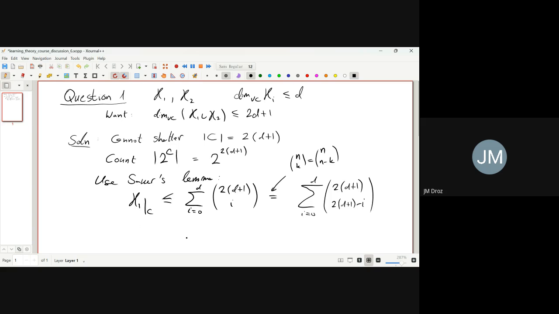So the cardinality of H1 union H2 restricted to C is smaller or equal to the first expression plus the second.